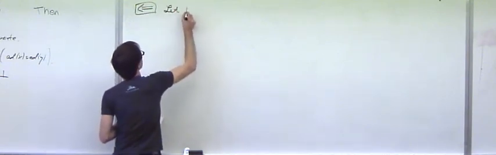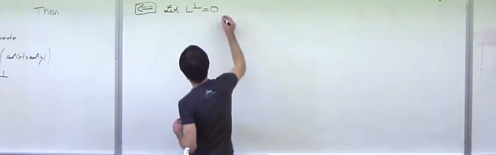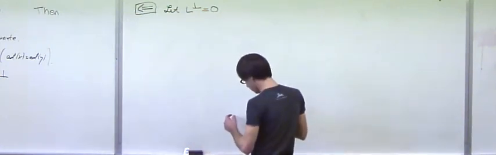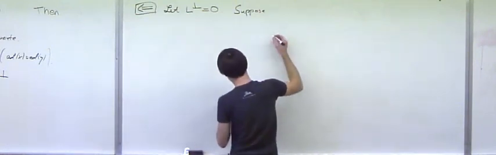So now we suppose that the Killing form is non-degenerate. And I want to do a proof by contradiction. So I suppose that L is not semi-simple.